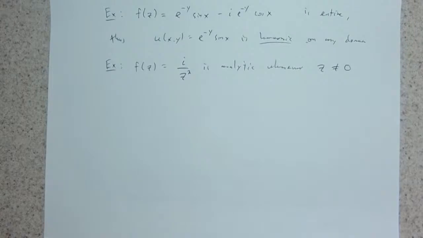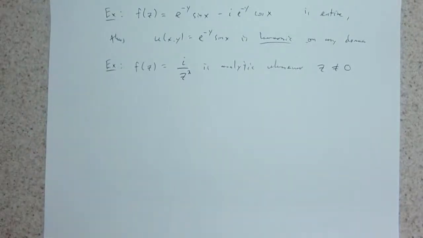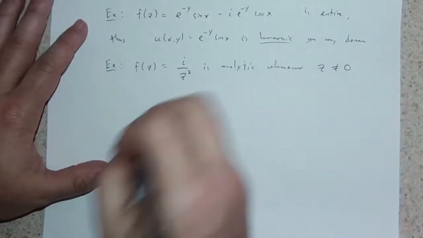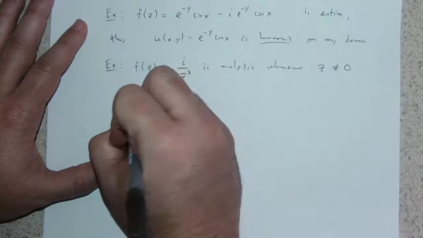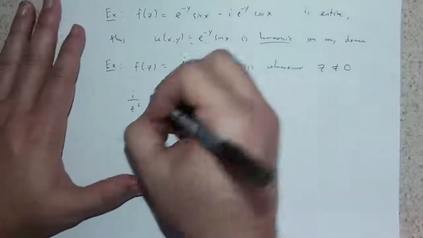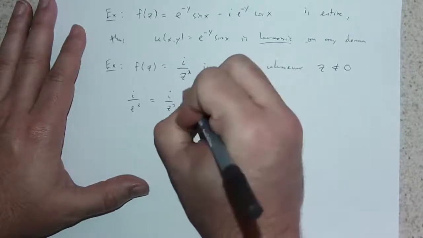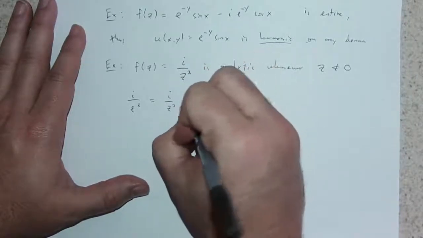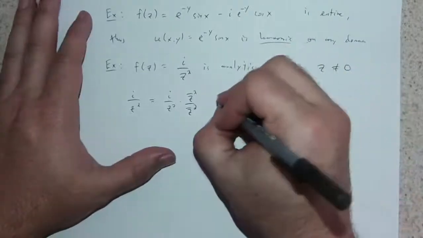Okay, and of course, if we work out what its components look like here, so if this is i over z squared, we can think of it as i over z squared times the conjugate of z squared in this way.